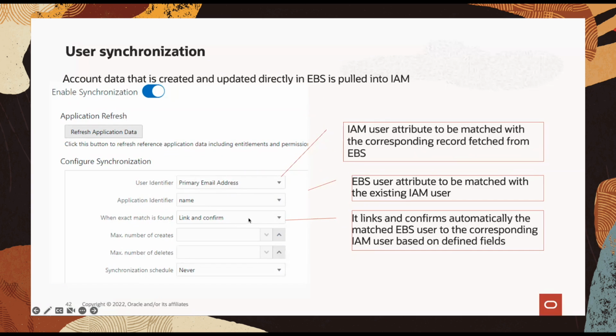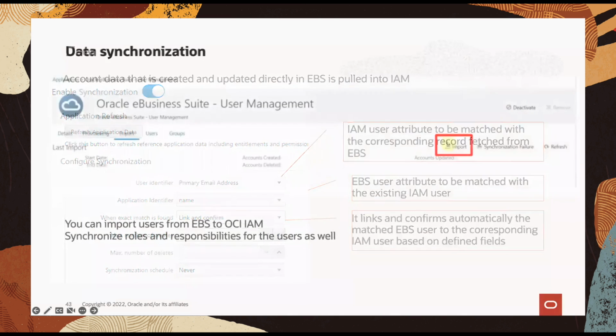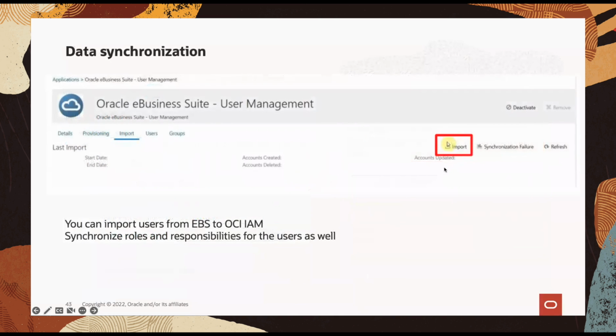So whether you want to link and confirm, or just link and not confirm that user account in the IAM, and what interval you want, as a job scheduler synchronization, right? So how many times you want to do a synchronization between your EBS and the IAM, that also you need to define in the synchronization screen. So once you have defined it, you can go and import the users. So accordingly, the users will be imported.